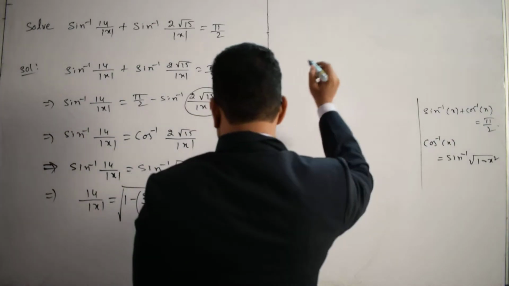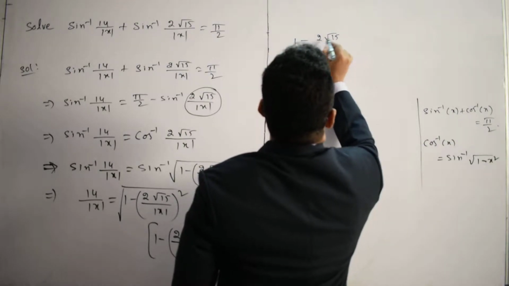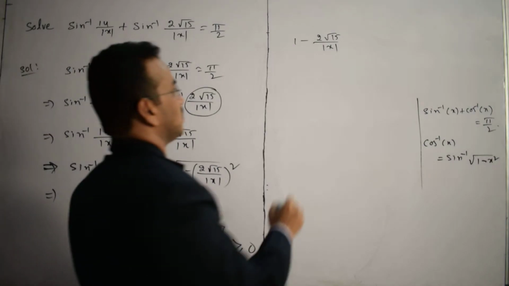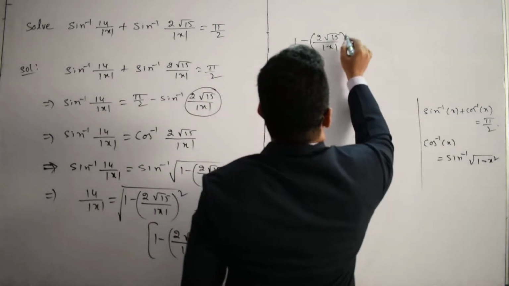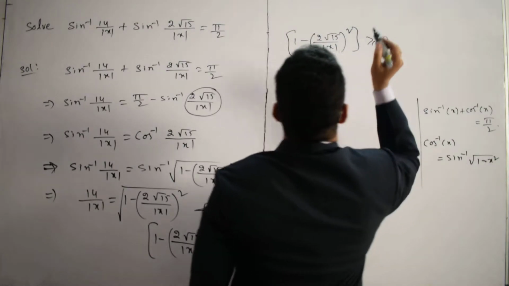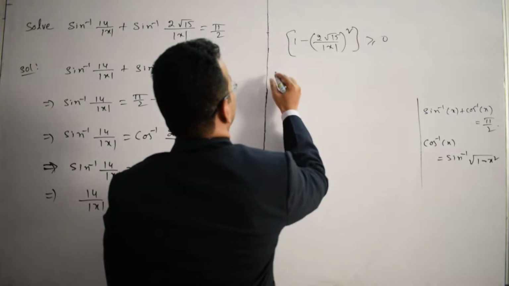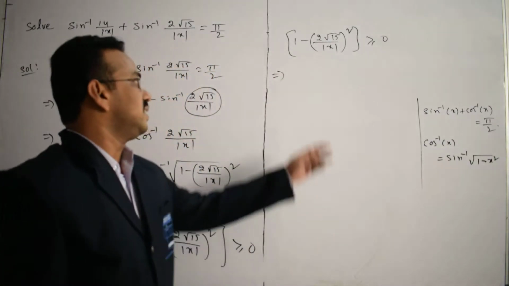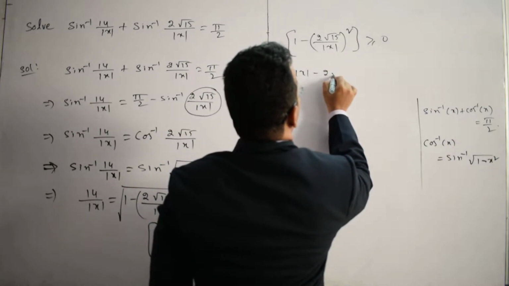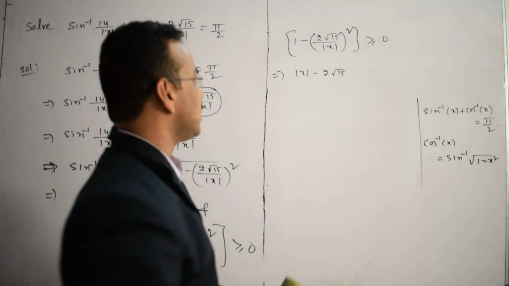Means in the next step, 1 minus 2 root 15 by mod x, whole square, keep in brackets, which should be greater than or equal to 0. In the next step, this implies, take LCM as mod x minus 2 root 15 whole square. 2 root 15 means, let me write that direct step.